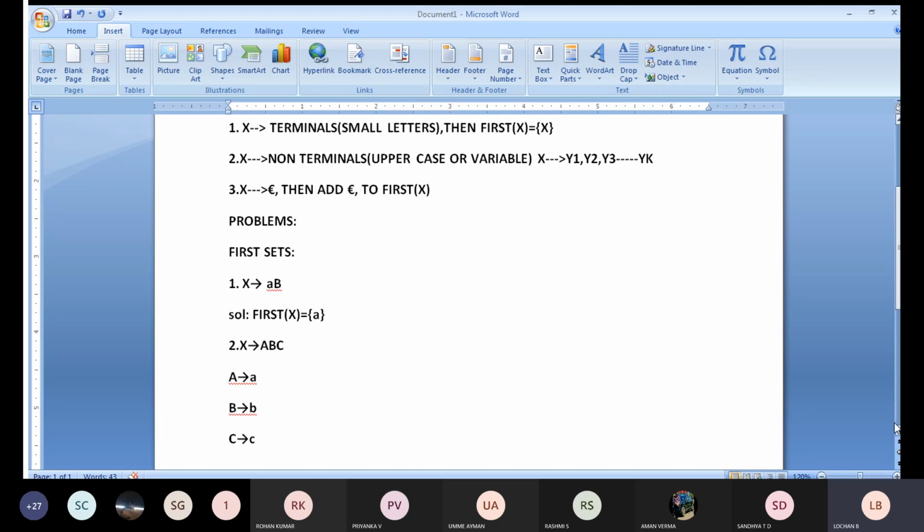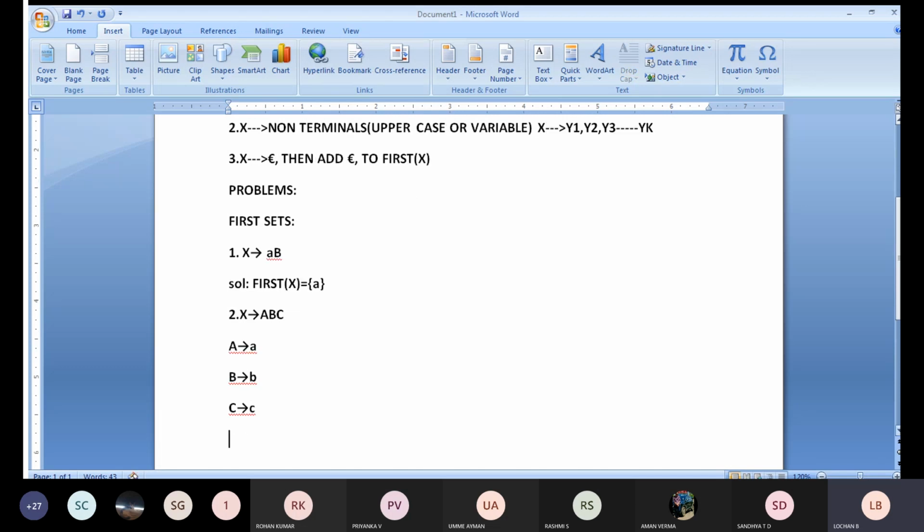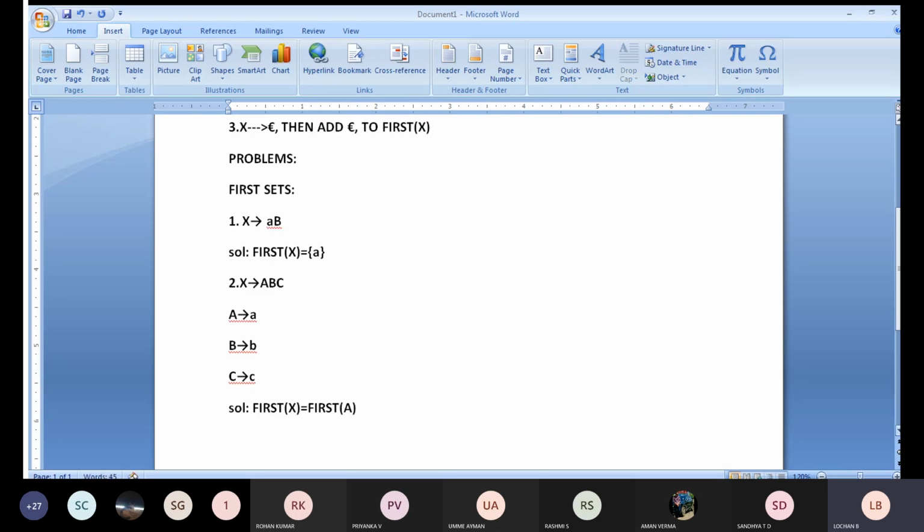You got only non-terminals here. So for the solution, first of X, what did you get? First of A. What will you get for first of A? You need to concentrate on your terminal part. In this A, we have got only small a. We have not continued the B production in the A, so I am going to stop the solution here.